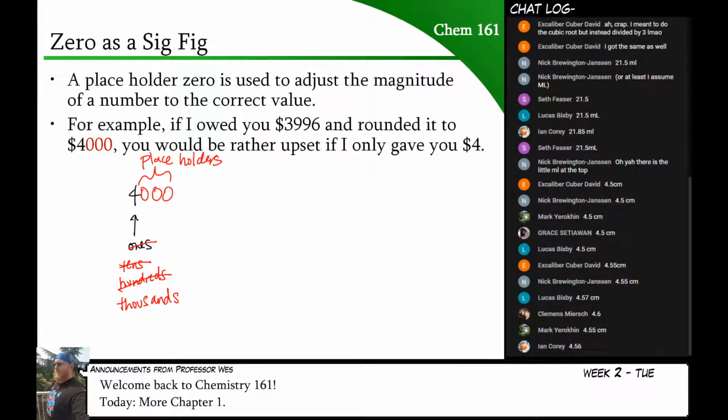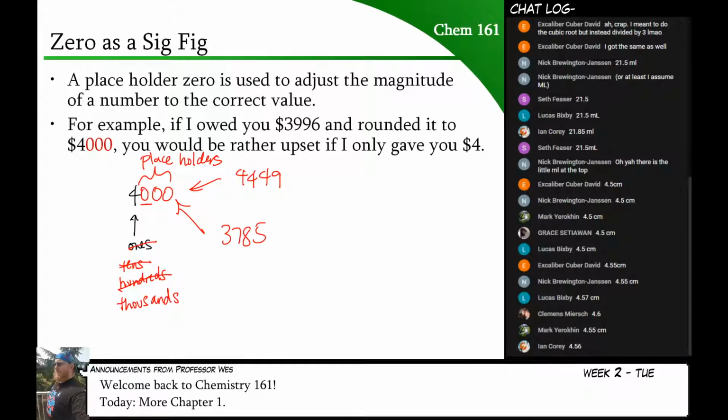However, they don't have any intrinsic known value because those zeros are implying that I've rounded something to the position that precedes the zeros. In this case, I rounded to the thousands place. So in reality, this number could be 3785, or maybe it's 4449. That would still round to 4,000, right?